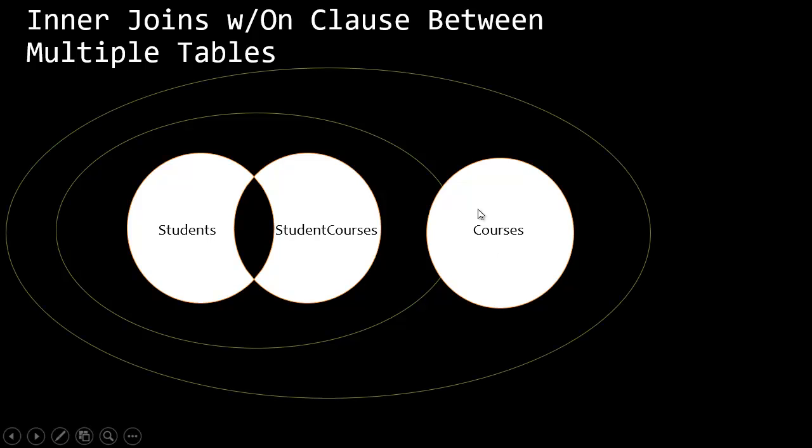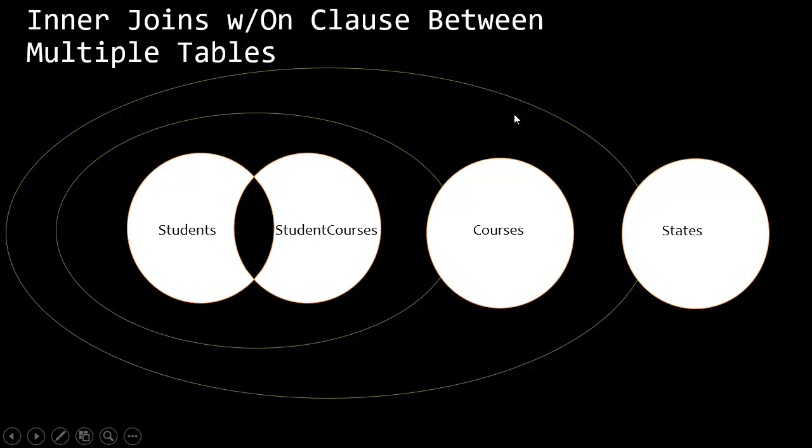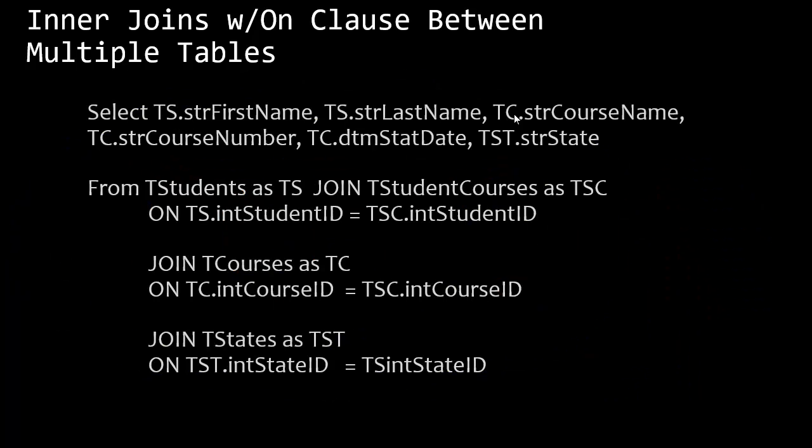That will then create a result set. And then based upon that, we're going to join our last table, which would be states. I got to show you the example first, and we'll kind of come back to this one more time and kind of look at it. What do I mean by this? Well, you join 2 tables together, create a result set, add another one.